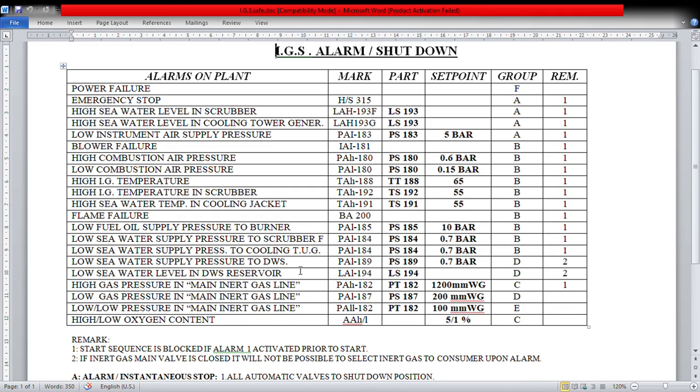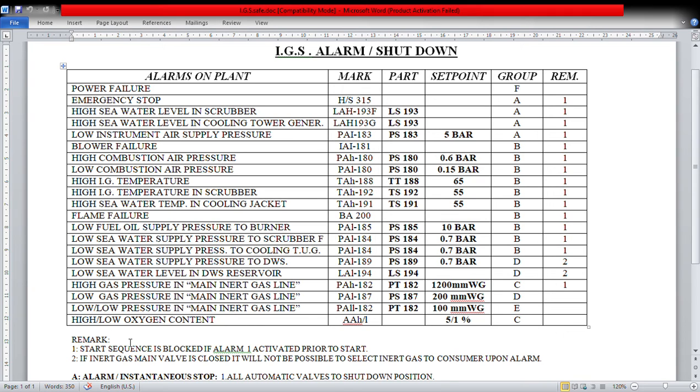We already have covered the different types of seal, that is dry seal and wet seal, and the importance of the deck water seal and why it is there. So, low seawater level in deck water seal reservoir, high gas pressure in main inert gas line, low gas pressure in main inert gas line, high low oxygen content.